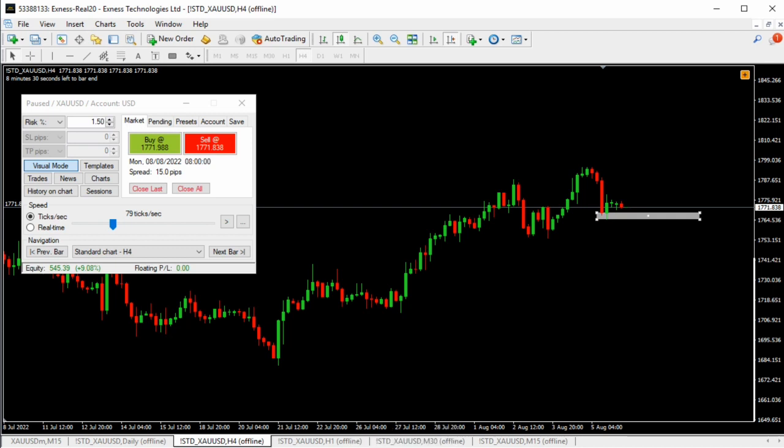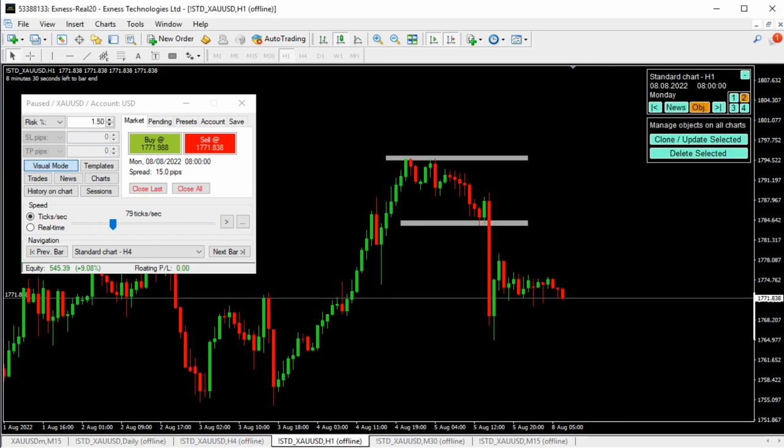Maybe if price respects this area of support, there's a likelihood that it might push all the way up from this point on, and then we can place a buy if it breaks above this area of resistance right there. We can see that we have such an area right there. This is our resistance.